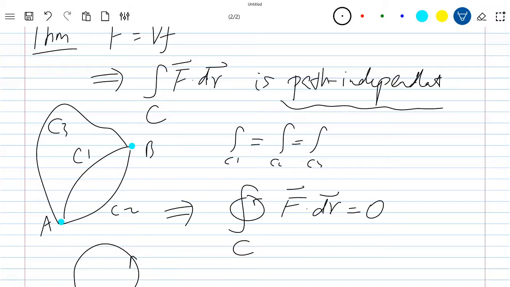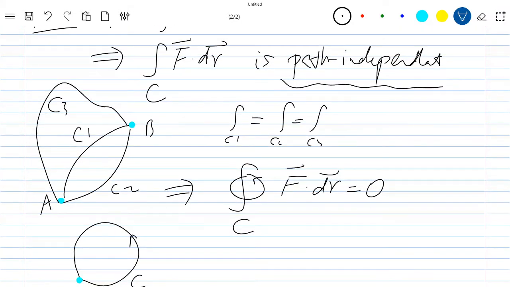And in fact, it's vice versa, because if you know for a closed path the integral equals 0, then if you have C1 and C2, you can regard this, which means C2 followed by negative C1, as a closed path.